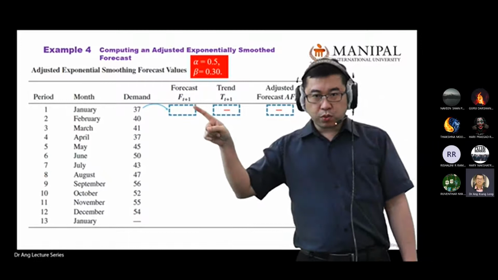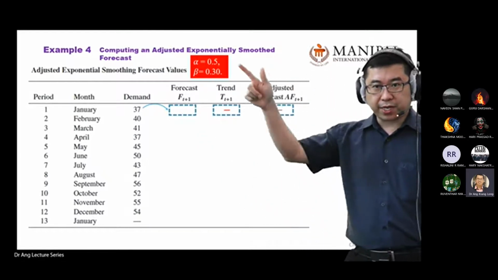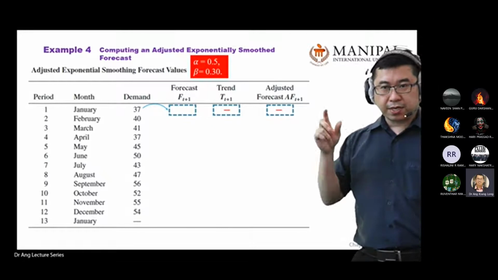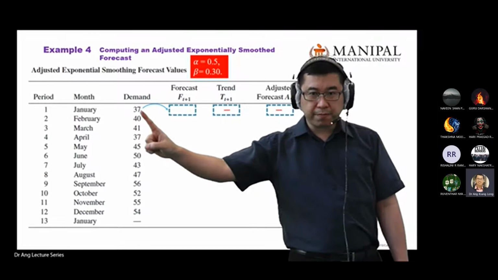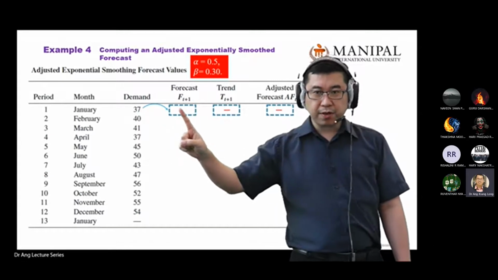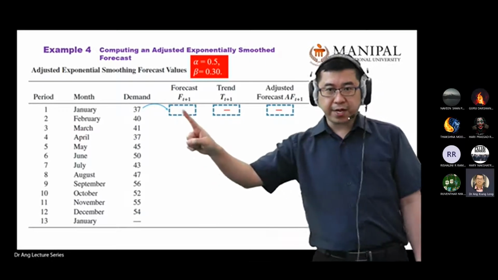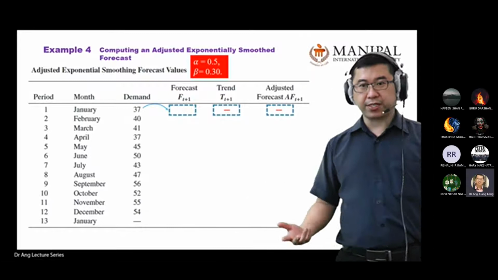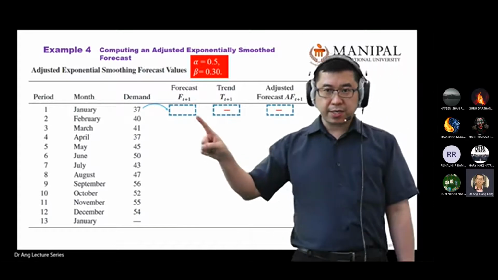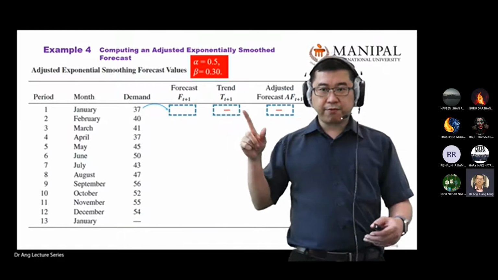Then to kickstart the calculation, for the adjusted exponential equation, we will use the demand value to be our forecast, F1 here. This is F1, F2, F3, F4 until F13, like what you calculated just now. The first one is F1, so we don't have a forecast previously.